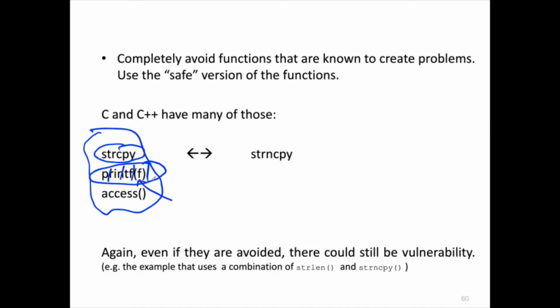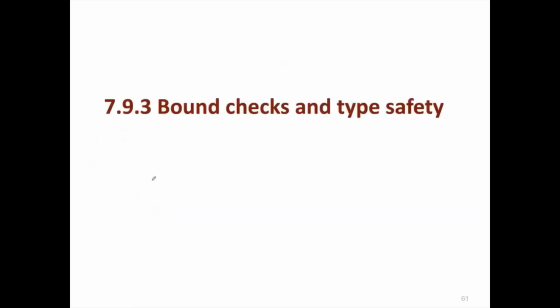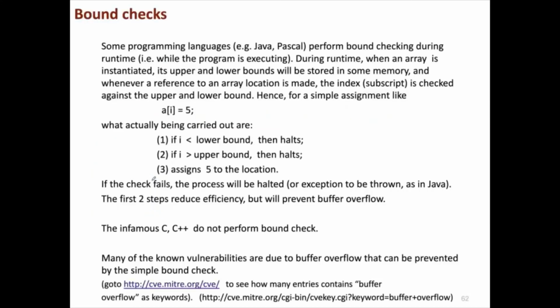Bound check and type safety. You probably have heard that Java and Pascal perform bound checking. If all programs are implemented using Java or Pascal, we would eliminate most buffer overflows. What do Java and Pascal do?